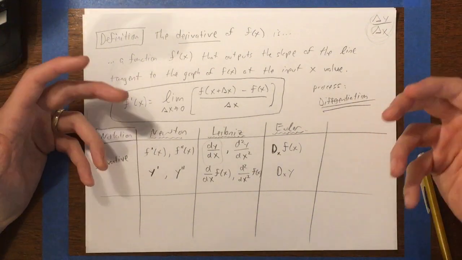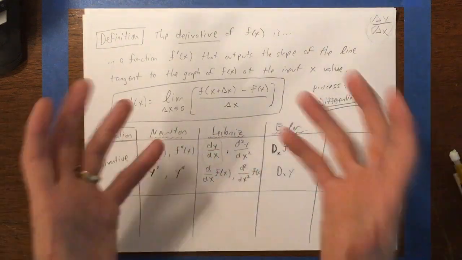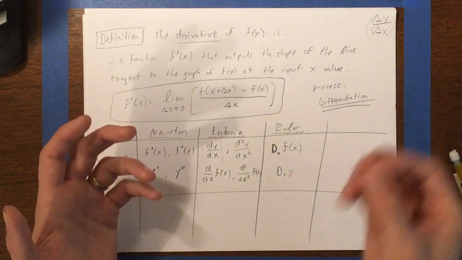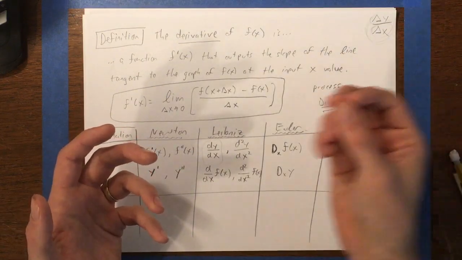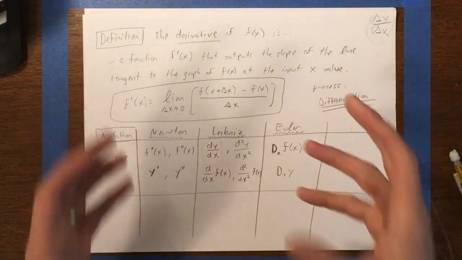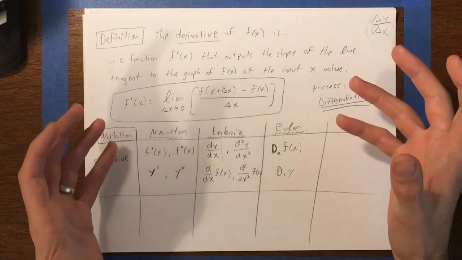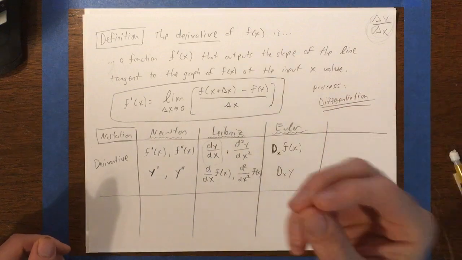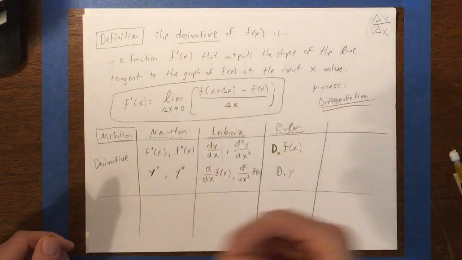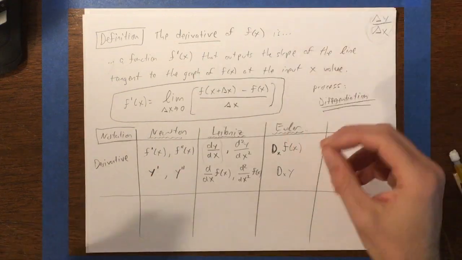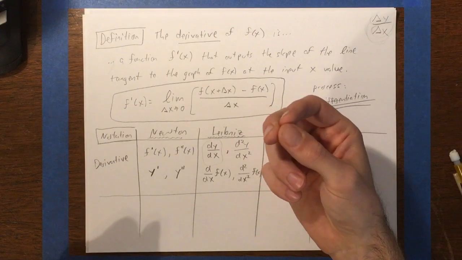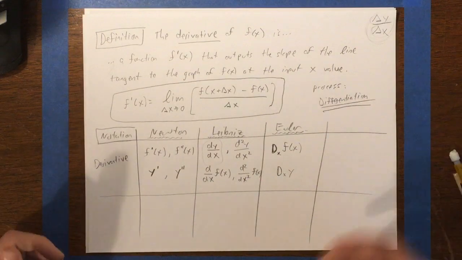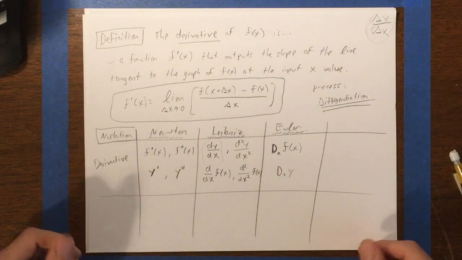A more realistic example might be like the temperature of air in a room, right? And that might be different depending on what point in the room you are, like how close you are to the vents or the heater or whatever. But it also is dependent on time, because maybe over the course of the day it gets warmer and then colder again, right? So you can have a function which depends on more than one variable, and then you can talk about the rate of change in that function with respect to each of the variables, and it's different depending on which variable you're considering the rate of change with respect to.